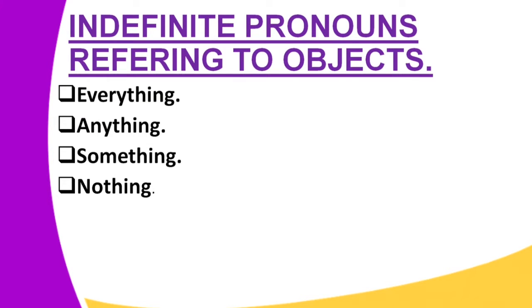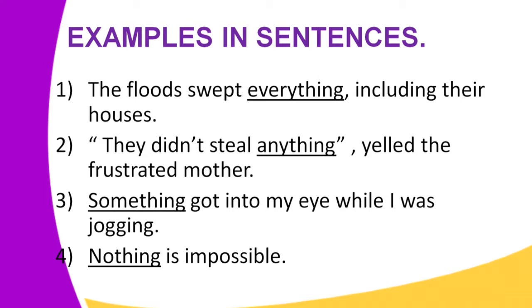Let's look at examples in sentences. The floods swept everything, including their houses. Everything is an indefinite pronoun being used to refer to an object. In this case, we are referring to everything that was swept by the floods. Next, we have they didn't steal anything, yelled the frustrated mother.